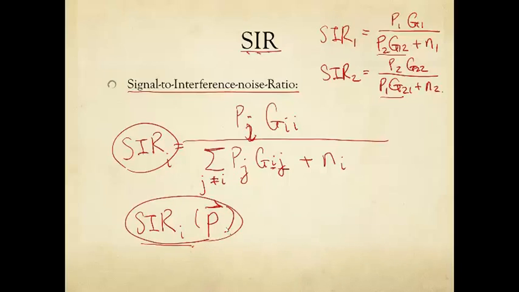Now second, what are the constants and what are your degrees of freedom? Because we're talking about transmit power control, obviously the degree of freedom is the vector P. That's what we want to design and optimize over. We are given all the Gij's. That is determined by the propagation environment. Is this indoor? Is this outdoor?